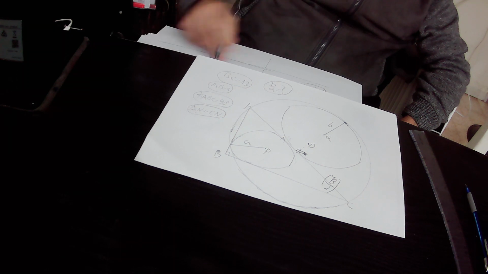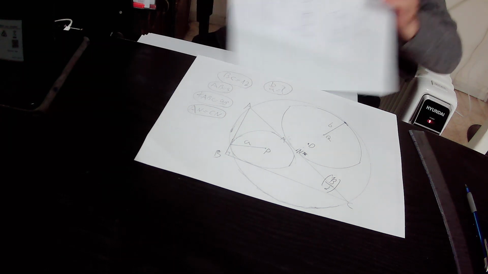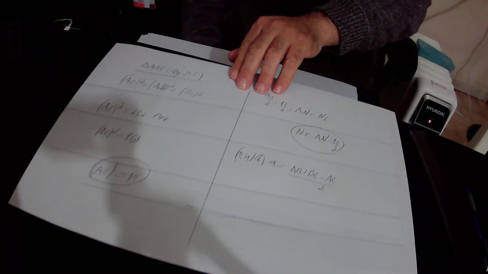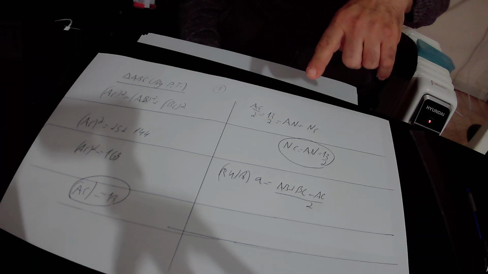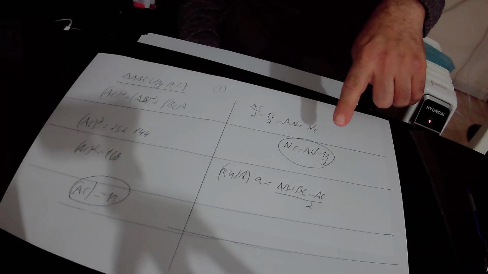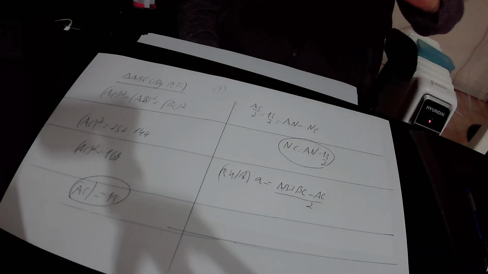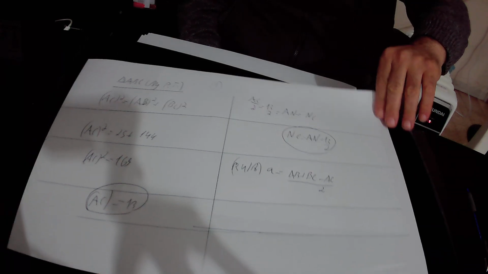Repeat again. According to rule number 8, the value of the radius A of the circle that is blocked by the right triangle ABC will be equal to AB plus BC minus AC over 2.